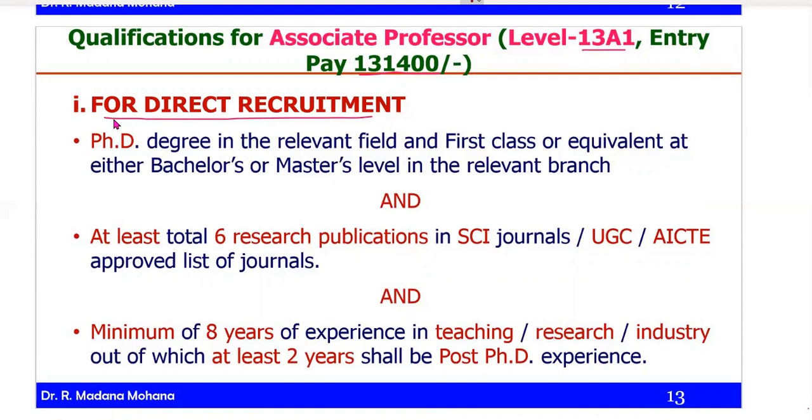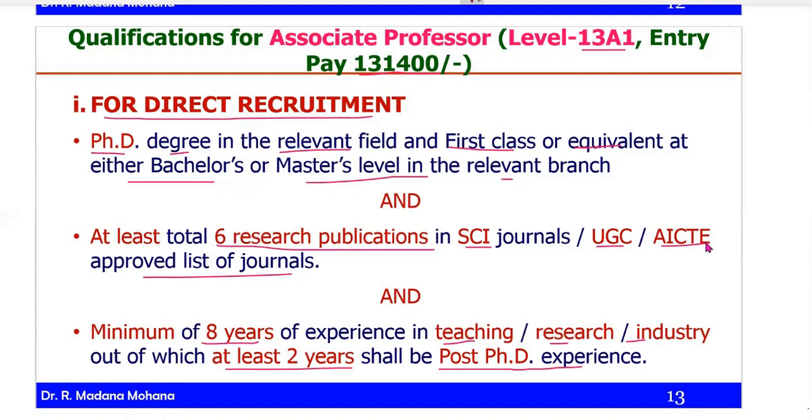So for direct recruitment, the first requirement is a PhD degree in the relevant field and first class or equivalent at either bachelor's or master's level in the relevant branch. And at least total 6 research publications in SCI journals or UGC or AICTE approved list of journals, and minimum of 8 years of experience in teaching or research or industry together, total experience 8 years, out of which at least 2 years shall be post PhD experience.